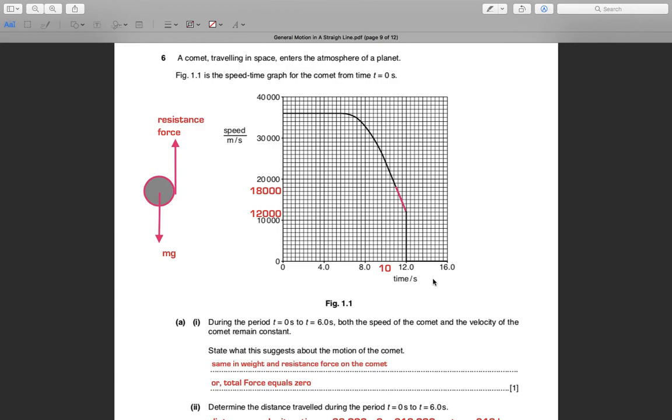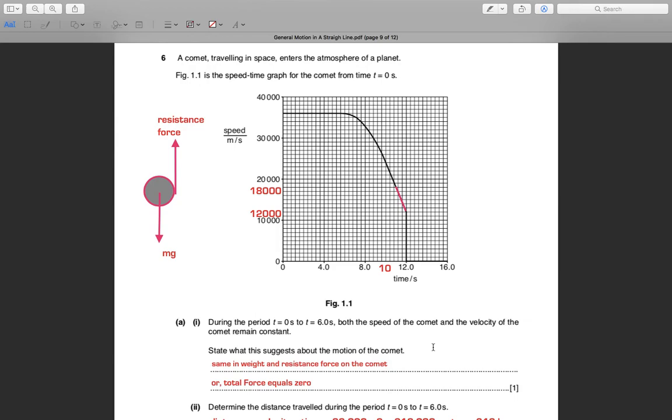Let's see question A. During the period 0 to 6 seconds, both the speed of the comet and the velocity of the comet remain constant. State what this suggests about the motion of the comet.